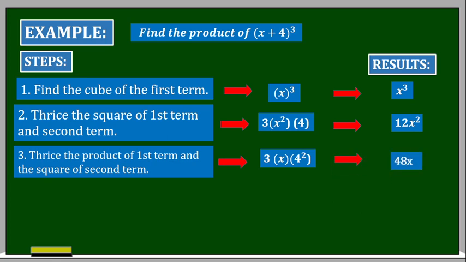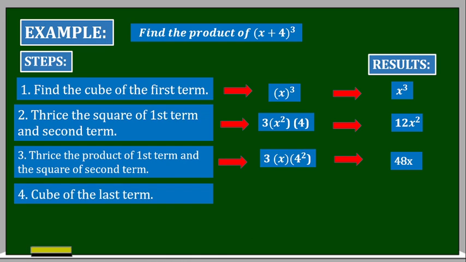48x. Yan. Nakakasunod ba tayo? Madali lang yung cube of a binomial. Number 4, basta huwag kalilimutan yung 4 steps. Pag nakalimutan mo dyan yung isa, magiging mali na yung ating sagot. Cube of the last. The last term is 4. Get its cube. So, magiging 4 cube.